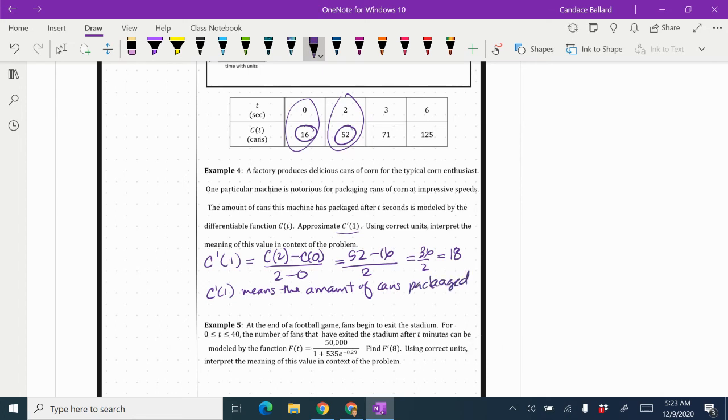Packaged is increasing because I got a positive number. If it was decreasing, I would have gotten a negative number. It's increasing at a rate of, and then I tell them the rate, which is 18, and now I have to do my units. It would be cans per second. At, and we want to talk about the time, t equals 1 second.